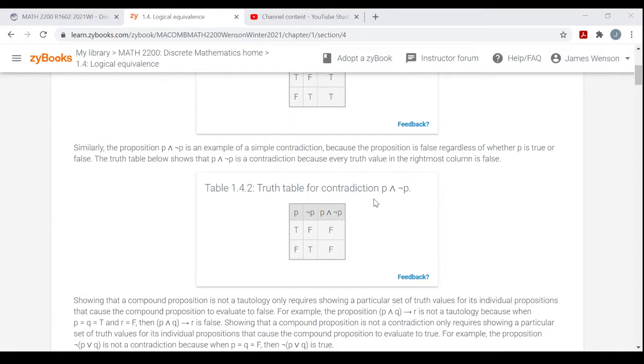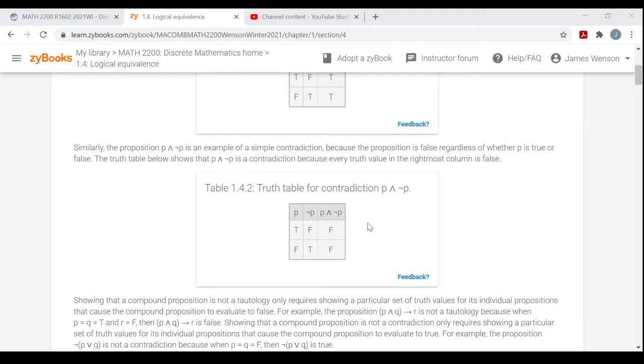The simplest contradiction is P and not P, a conjunction, because something cannot be and not be at the same time. That's impossible. So in the truth table you have all F's down the column for P and not P.